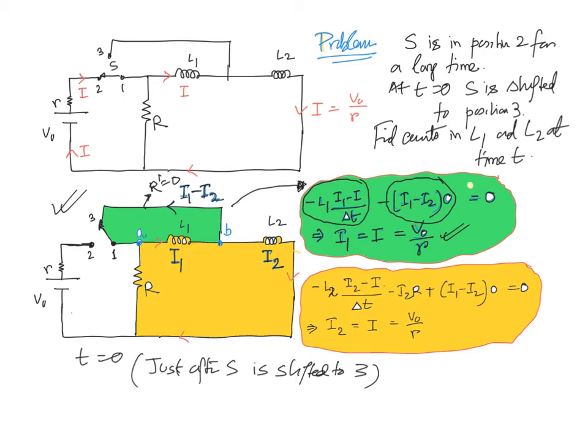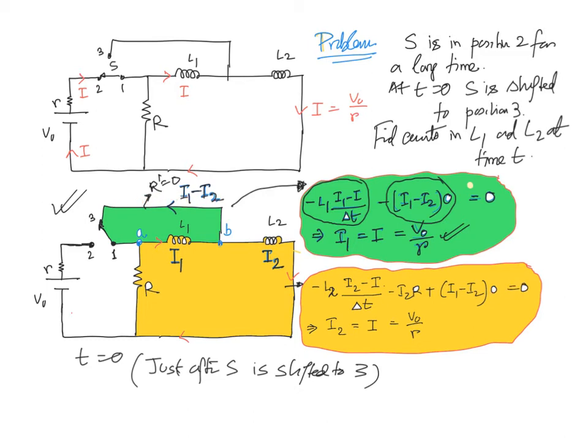And in a similar way you apply the voltage law in the lower circuit. Lower circuit means I have done it for this loop, starting from here, then through here, and this should be the line from B to L2 and then via this line. So this is how you get minus L2 (I minus I2) by delta t minus I2 R minus (I1 minus I2) into 0 for this upper branch.